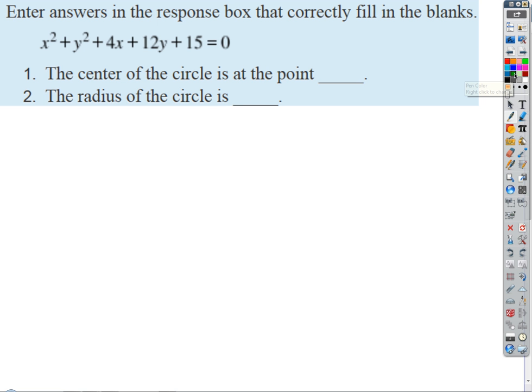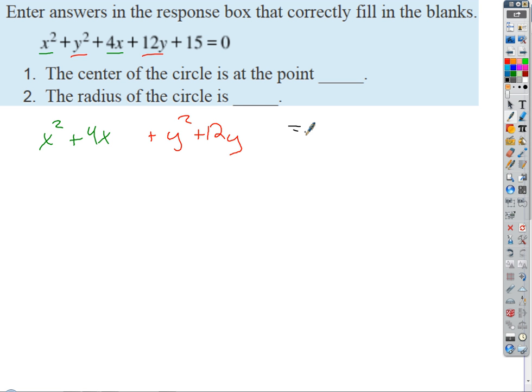So how am I going to group this then? The x is together and the y is together with a space for each one, right? So we'll get those together. So x squared plus 4x, space, plus y squared plus 12y, space, equals what?